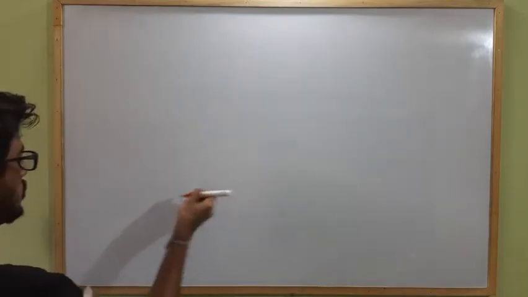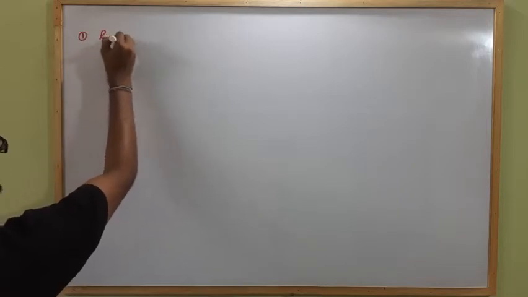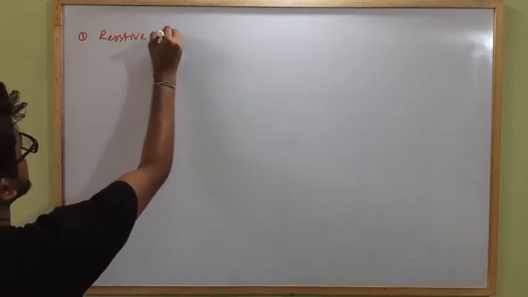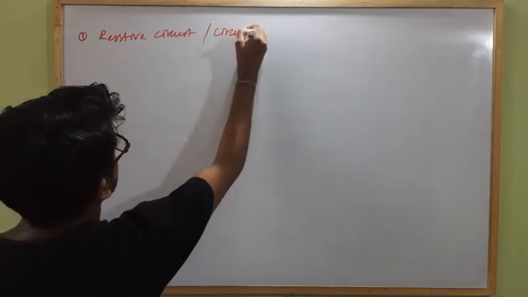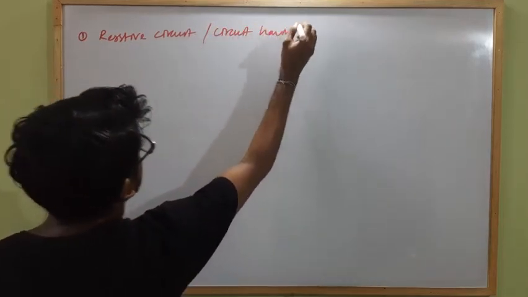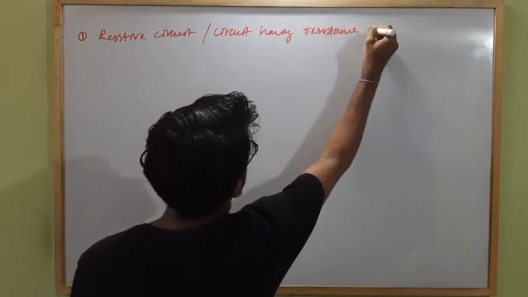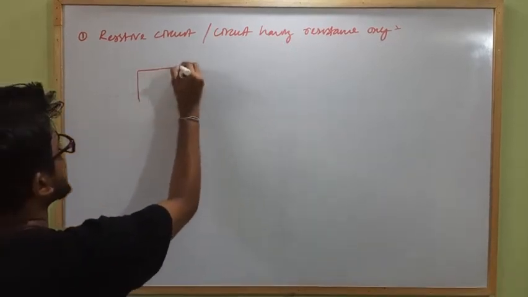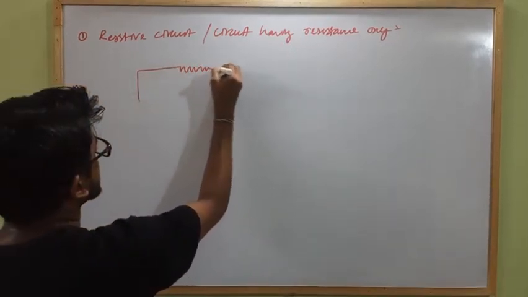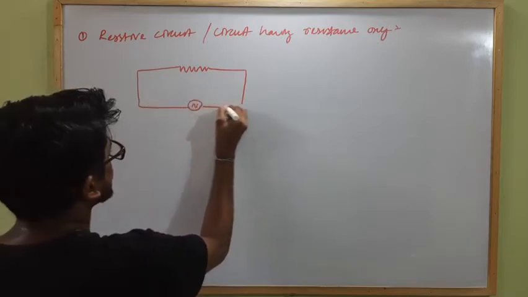It is known as a resistive circuit, or circuit having resistance only. So first draw a circuit which has a resistor and is connected with an alternating source.